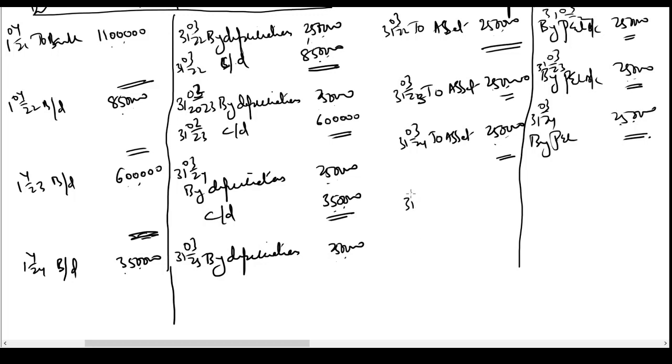On 31st March 25 we'll write to asset 2,50,000. This will be transferred to the P&L account, 31st March 25 by P&L account 2,50,000. Depreciation account will close. Now you are left with 3,50,000 minus 2,50,000.